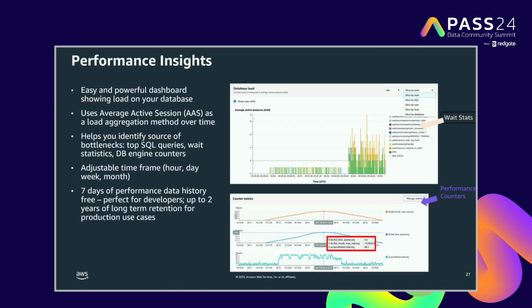Okay. So this is a snapshot view of performance insights. Here you can see the database load, and these are all the wait stats next to that. And at the bottom, you can see the counter metrics. So the thing with performance insights is there is a feature that we added a couple of months back.